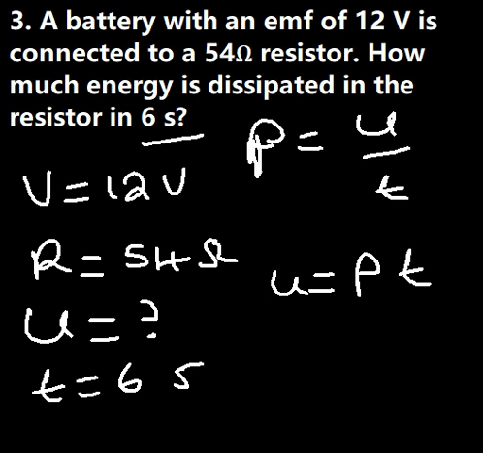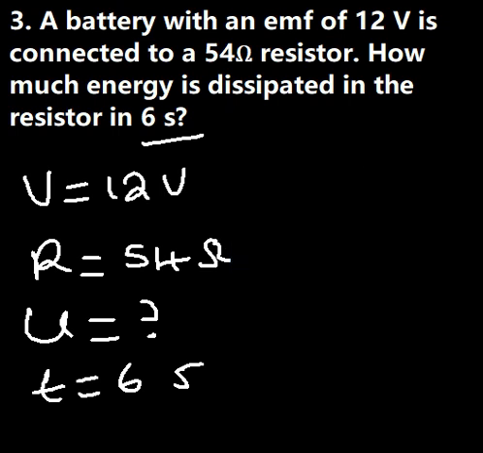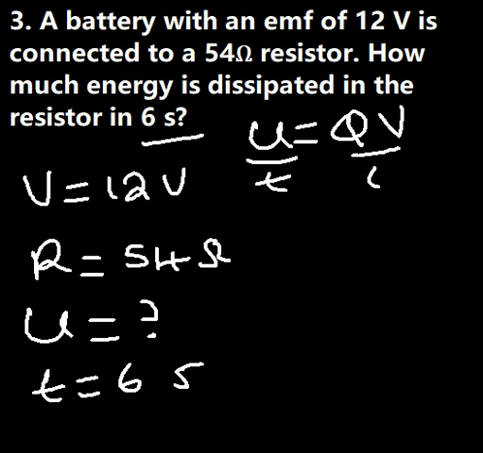When we were deriving the formula for the electric power, we said electric energy is given as the charge flow times the potential difference. If we divide both sides by time, what we have here is the electric power.